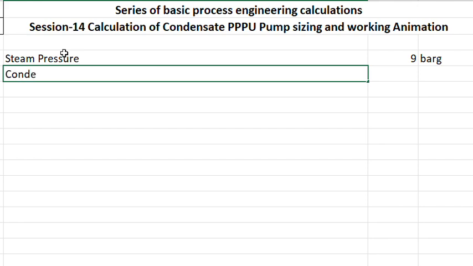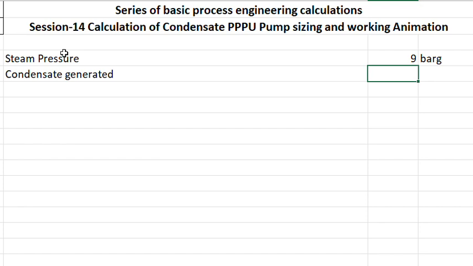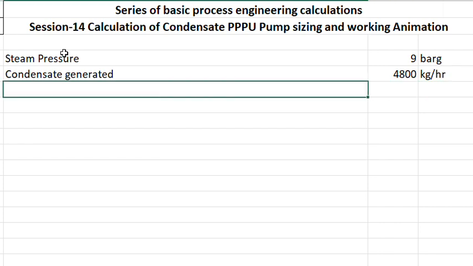Then we have the condensate generated, how much condensate is generated from this boiler, which depends on the actual consumption of your respective plants or processes. Here I have taken one example so that you will get a better understanding of how to calculate the sizing.